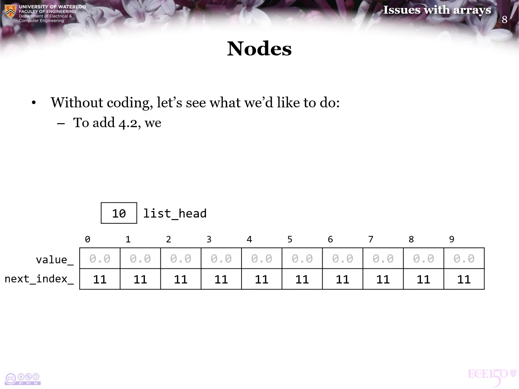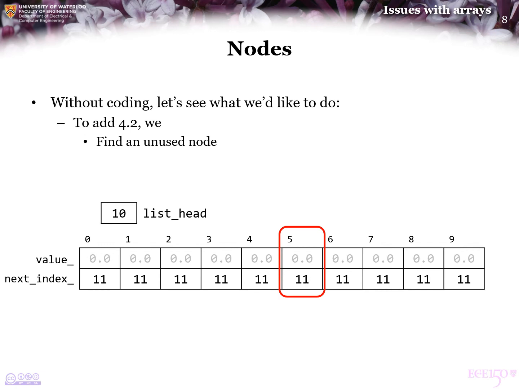So without coding, let's see what we'd like to do to add 4.2. To add 4.2, we first must find an unused node. Now we're going to assume we have some sort of oracle that can go through this array and find one entry that currently has the value 11 as the next index.